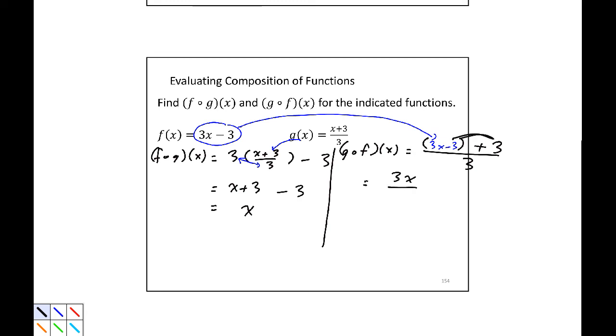These two form a zero pair. Divided by 3, and then the 3 and the 3 become a 1, so that we arrive at equals x. Because both of these two statements are true, g of f of x and f of g of x are both equal to x, that means that these two functions are inverses of one another. Now, I've used that word before, but inverses means a very particular thing. It'll be very important.